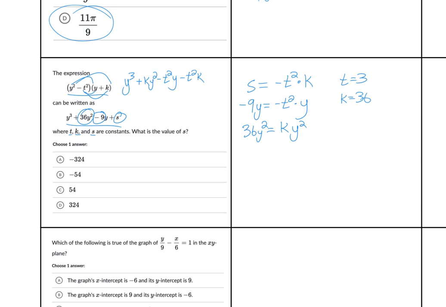And then figure out, oh, well, 36 must be k, 3 must be t, so we'll have 3 squared times 36, which gives us 324. However, I've got this minus sign because we're going to take that negative t squared times k, so the answer will be minus 324.